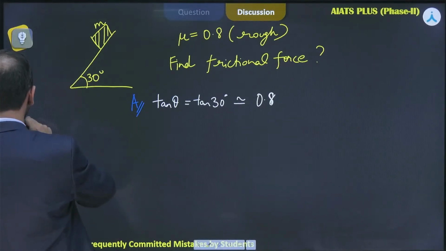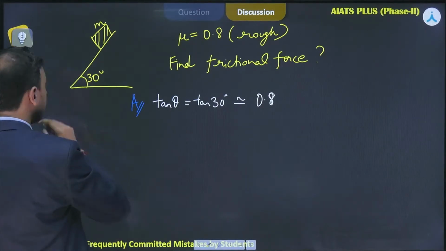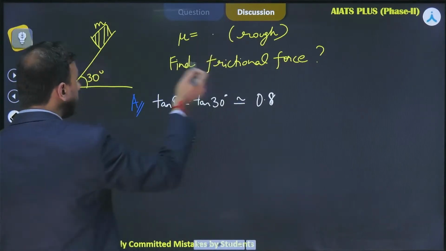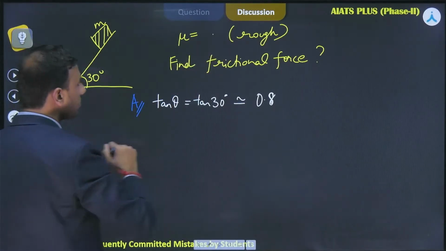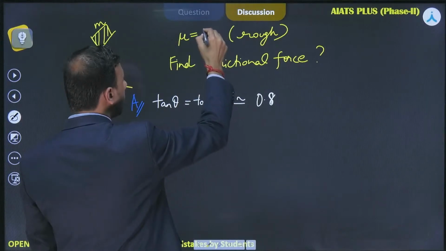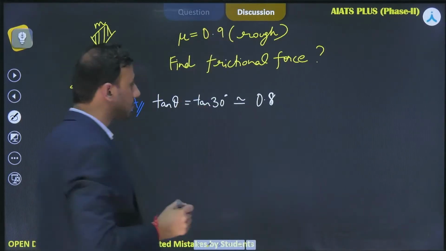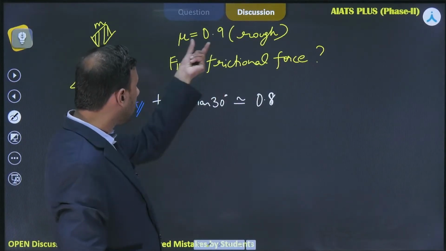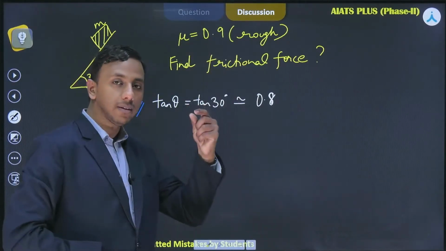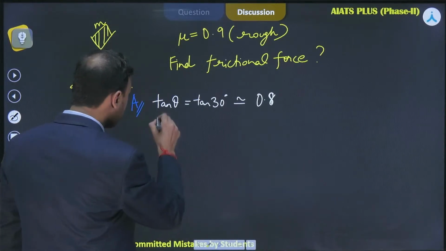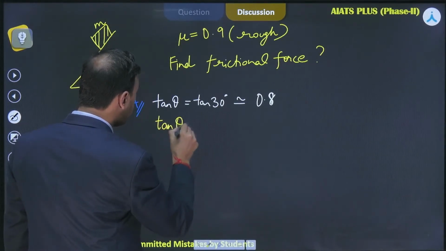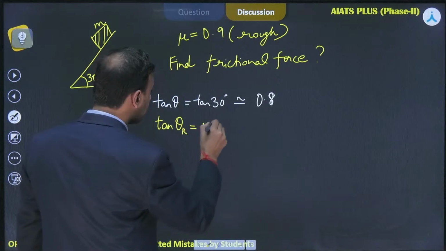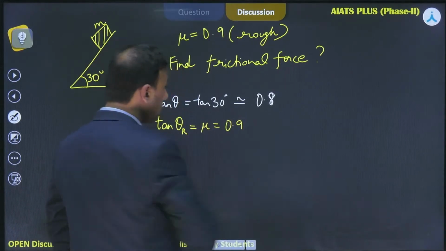So let me alter this question a little bit to make things simpler. Let's say I'm taking mu as 0.9. So if mu is 0.9, that means angle of repose would be given by how much? Tan theta r is equal to mu, that will be equal to 0.9.